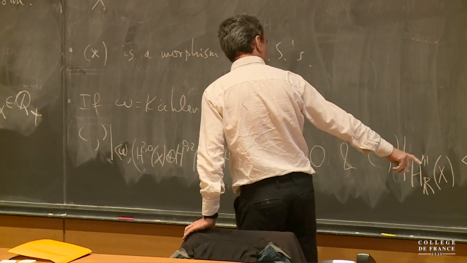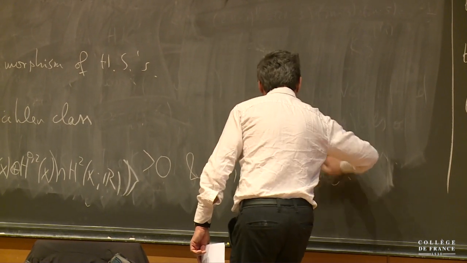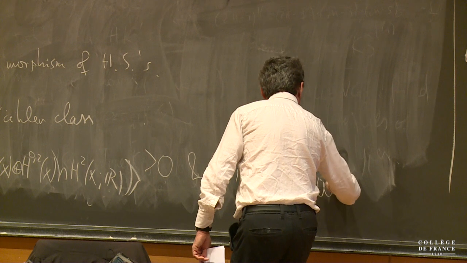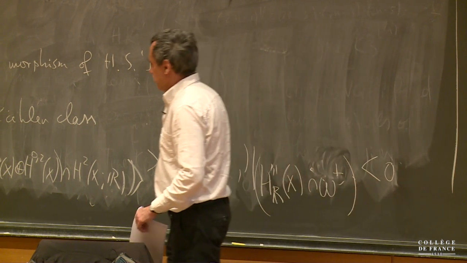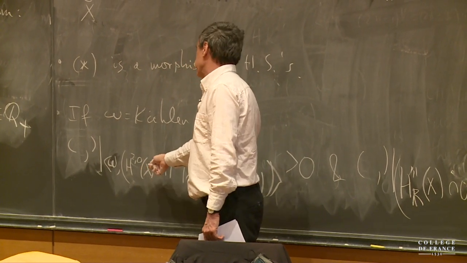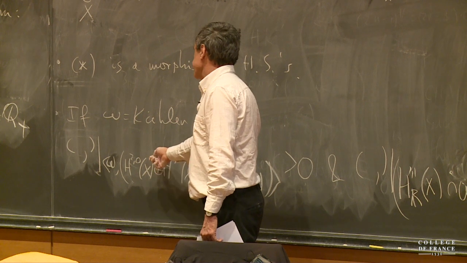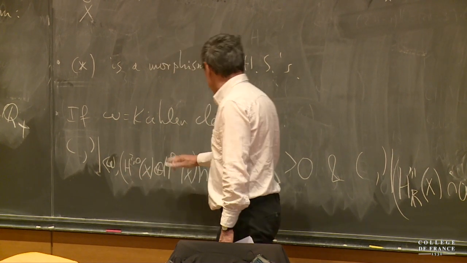Sorry, this is the perpendicular. Intersected with omega perpendicular, this is negative. So here I should just put sigma plus sigma bar where sigma runs through H20. So this is a three-dimensional real vector space.